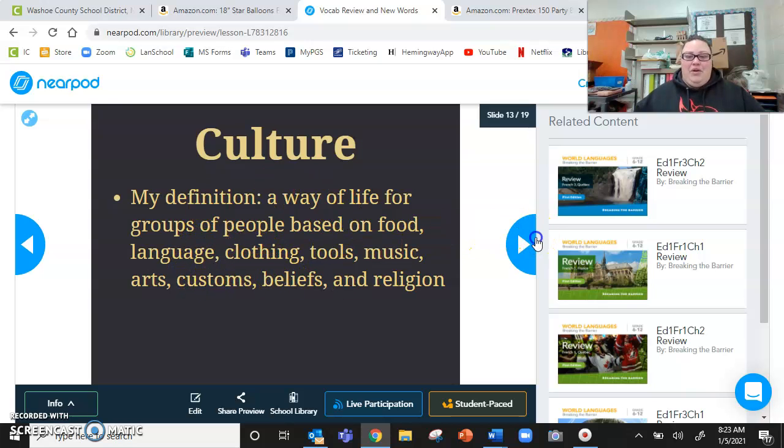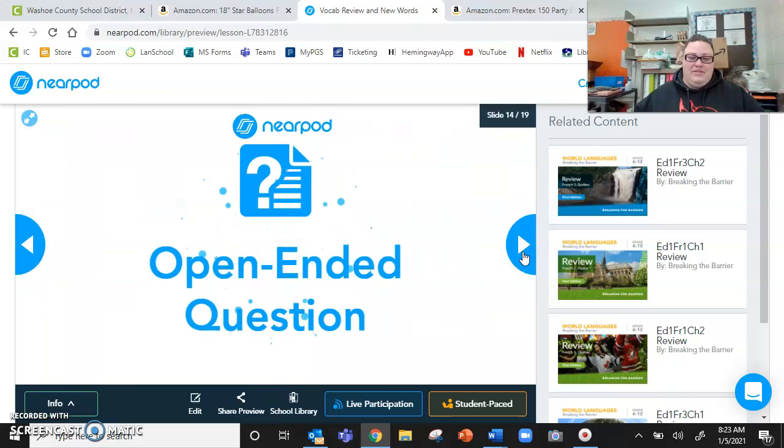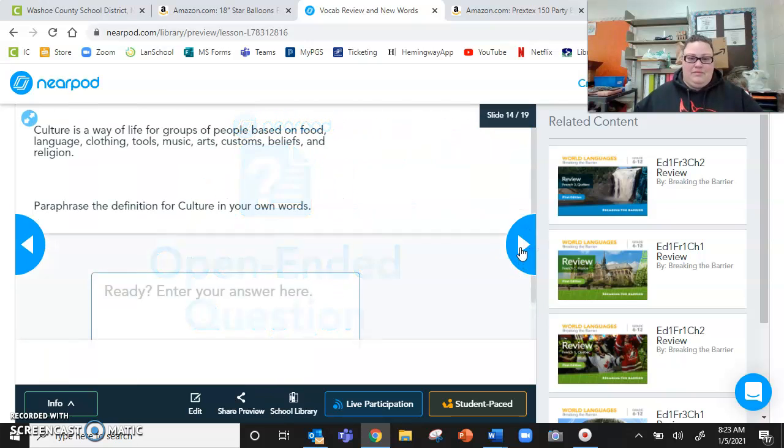Okay, so you're going to put it into your own words. Culture is a way of life for groups of people based on food, language, clothing, tools, music, arts, customs, beliefs, and religion. When you are paraphrasing, please do not feel like you have to find a different word for all of these things. Take this definition and put it into your own definition, 5 words or less.